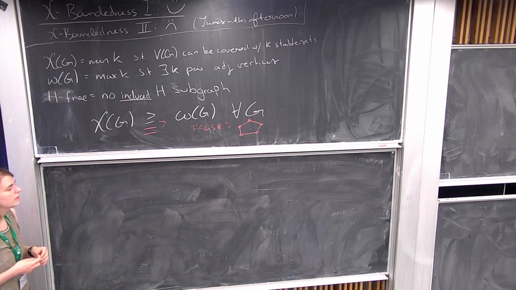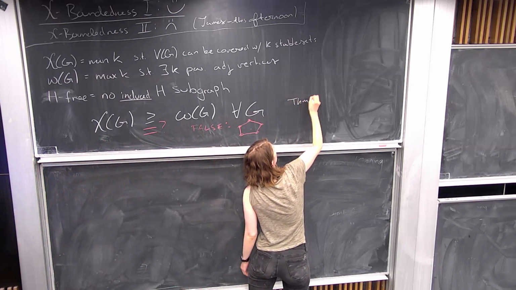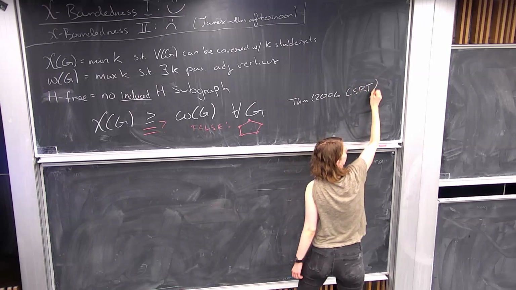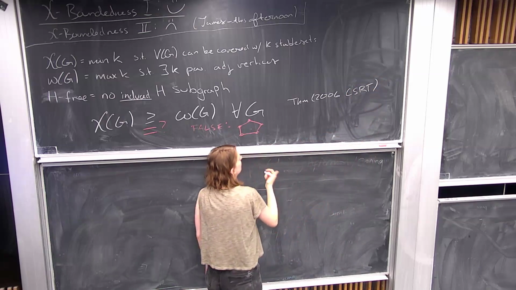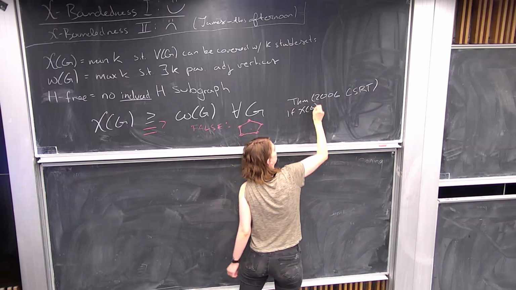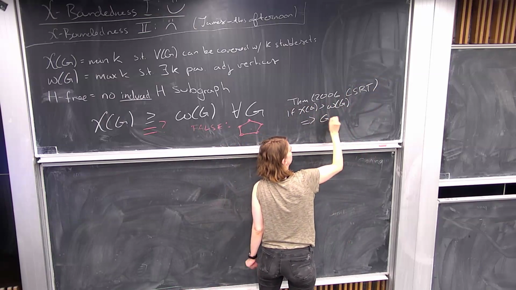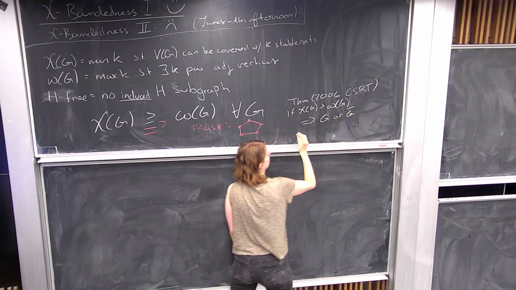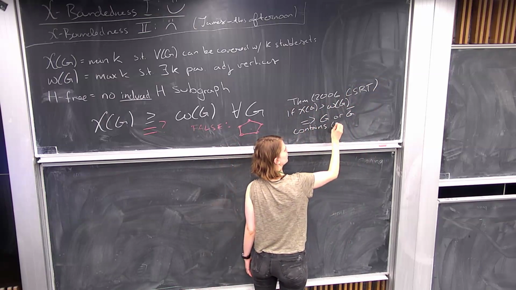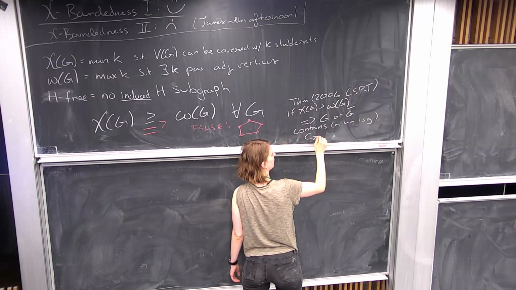So again, probably a lot of you know, there's the theorem by Chudnovsky, Seymour, Robertson, and Thomas, which has since been known as the strong perfect graph theorem, that if chi of G is bigger than omega of G, that implies that G or G complement contains as an induced subgraph an odd cycle of length at least 5.